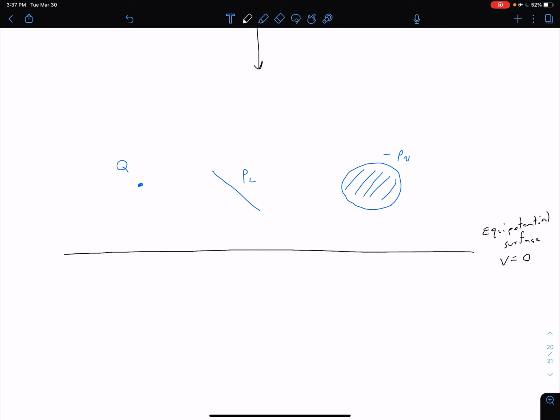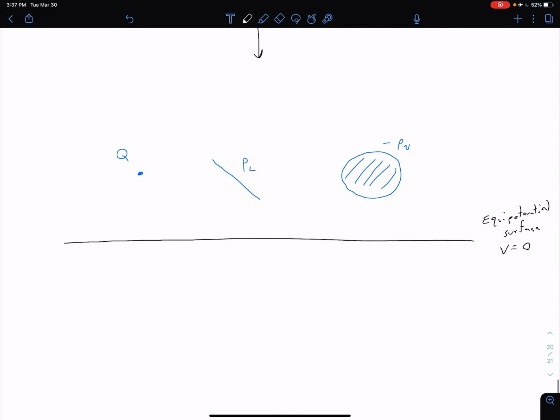And so what we have then is image charges, and our image charges are going to be equidistant from our equipotential surface. The idea there is that if we have a positive Q on the top, we need to have a negative Q positioned such that if we're looking at this surface here, we have a zero potential.